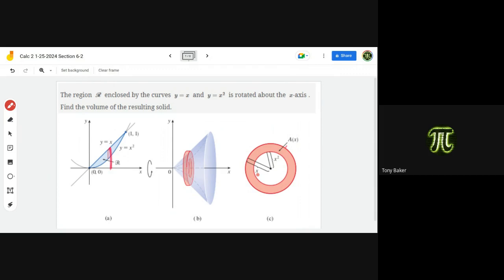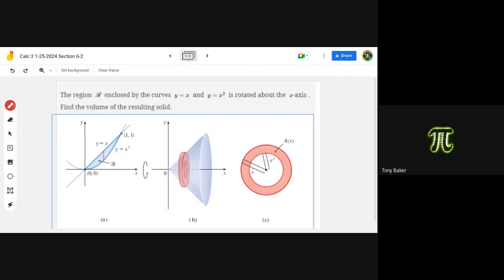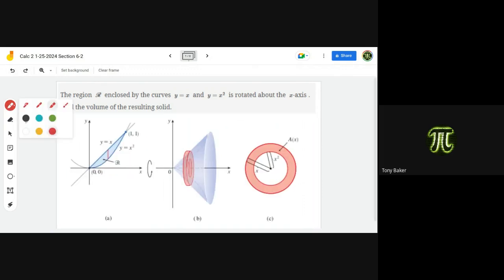So what you need to do is know where the two equations are to figure out which one's on the bottom and which one's on the top. So in this case, we have y equals x on top and y equals x squared on the bottom.